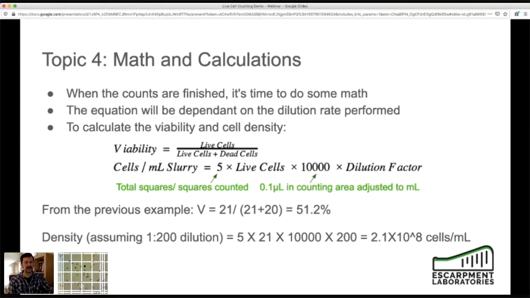From our previous example, let's say we had 21 alive and 20 dead, we have a 51.2% viability, and our density, assuming a 1 in 200, would be 5 times 21 times 10,000 times 200, which gives us 2.1 times 10 to the 8 cells per mil, or 210 million cells per mil, I think.